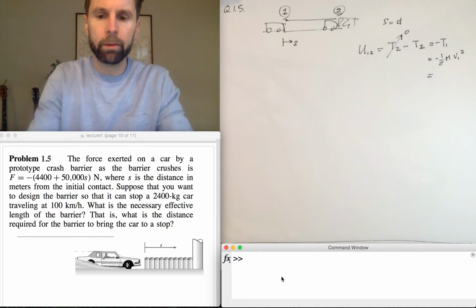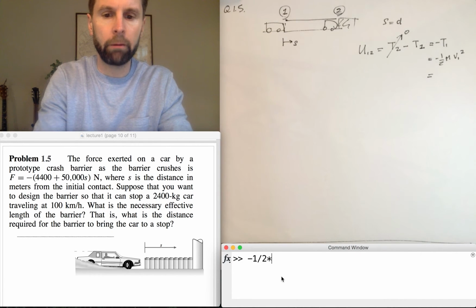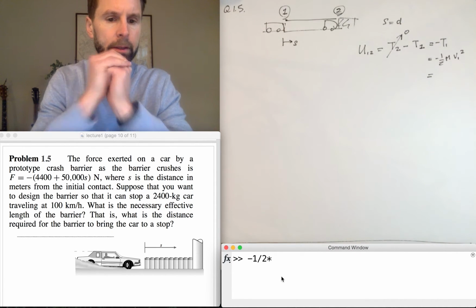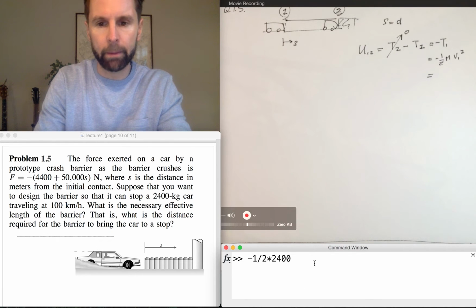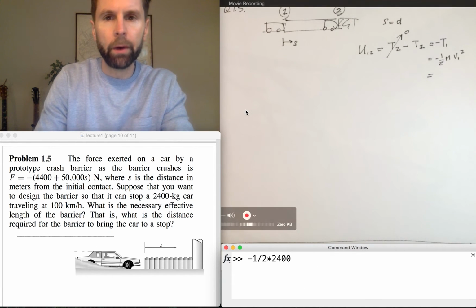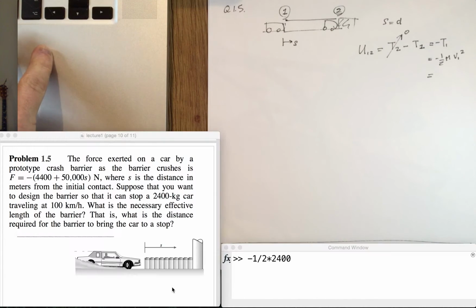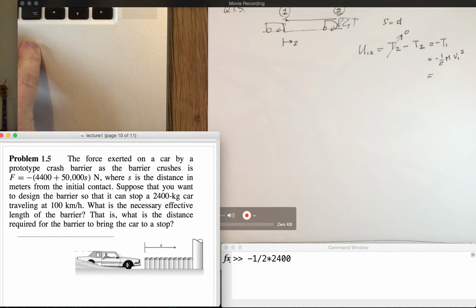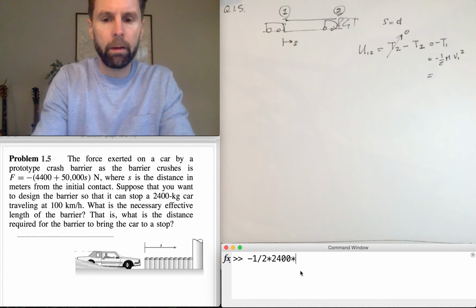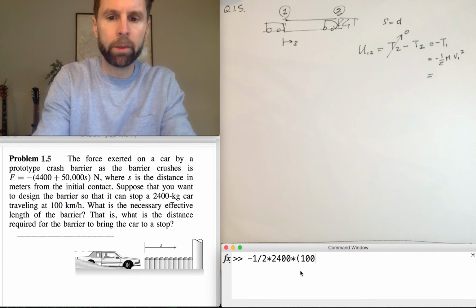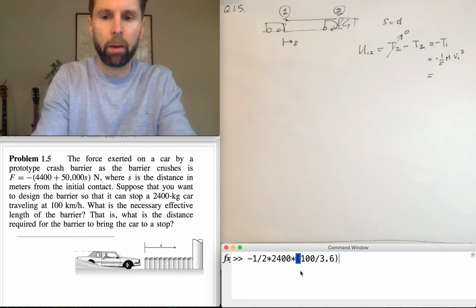We're told, so minus a half times the mass is 2,400 kilograms, there it is, and we are told that this initial speed is 100 kilometers an hour. So if you want to convert from kilometers an hour to meters per second, just divide by 3.6.